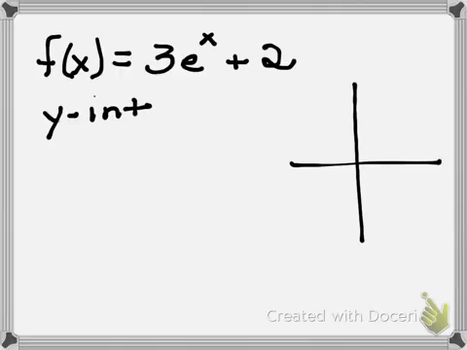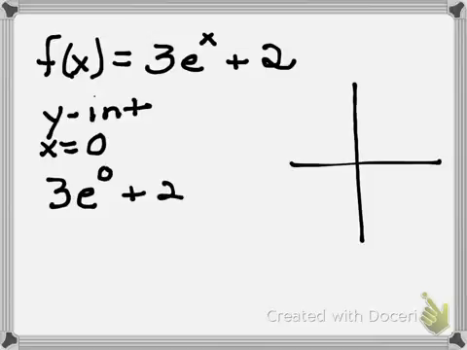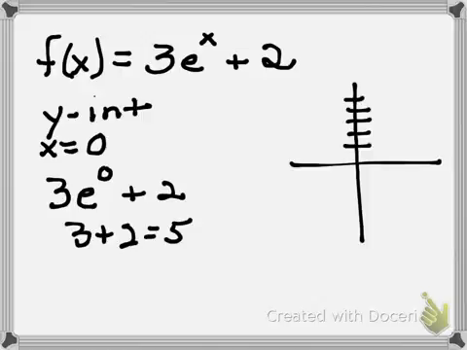So the y-intercept is where you let x be equal to 0. So if I have 3 e to the 0 plus 2. Now anything to the 0 power is 1. So you're getting 3 plus 2, or 5. So I know that I'm going to have a y-intercept of 5.